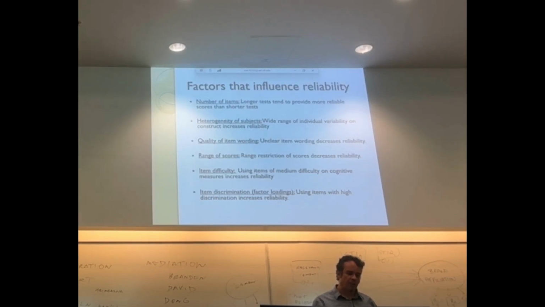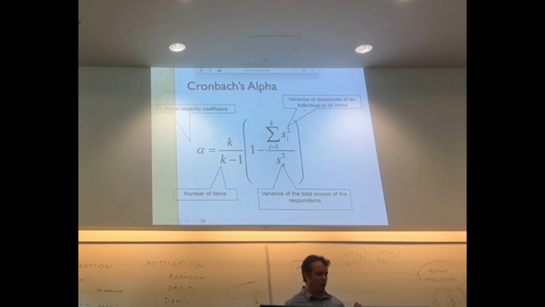Now, someone was asking me, if you can fit a CFA with just 3 items, why have 5 items? Why have 10 items? The answer is usually that longer tests tend to provide more reliable scores, and it follows from the formula. With longer tests, the variance of the total scores will tend to be larger than the sum of the variances of individual items.